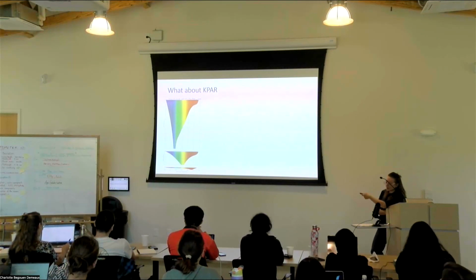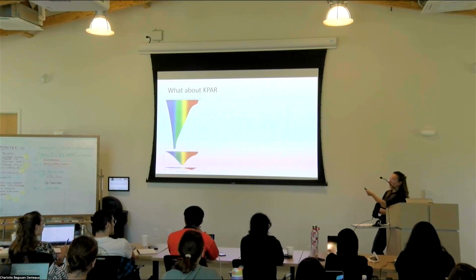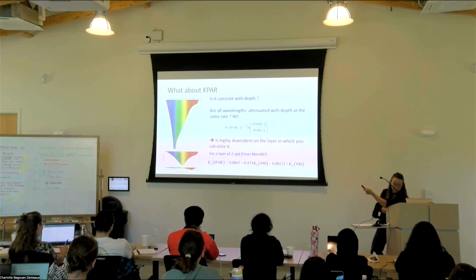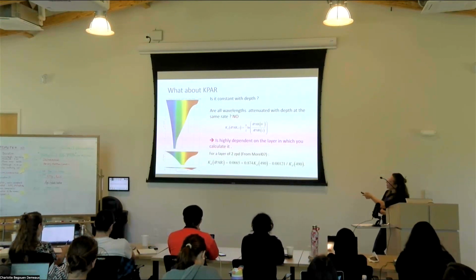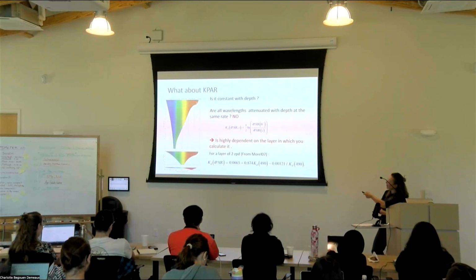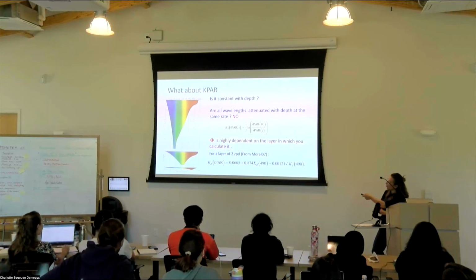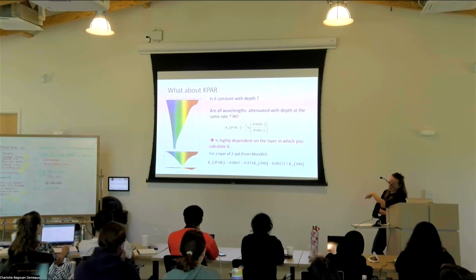And we know this already, but obviously each wavelength is not attenuated with depth in the same way. So your K-par is, first of all, not going to be constant with depth, but also not going to be constant in what it means. At the beginning, K-par is very steep because you're getting all that red out. And then K-par will become slightly smaller until the bottom.